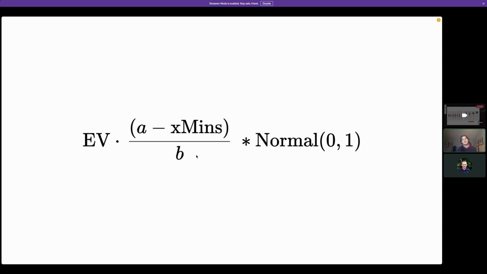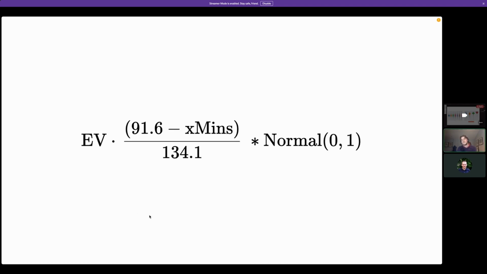So then I tried to fit this formula to the data, to get the best results in terms of the amount of absolute noise, and the values that it came up with were 91.6 for A and 134.1 for B. But again, I don't think these are that important. They're quite sensitive to the sample that we're using, and I would just recommend playing around with them to see what feels right for you.